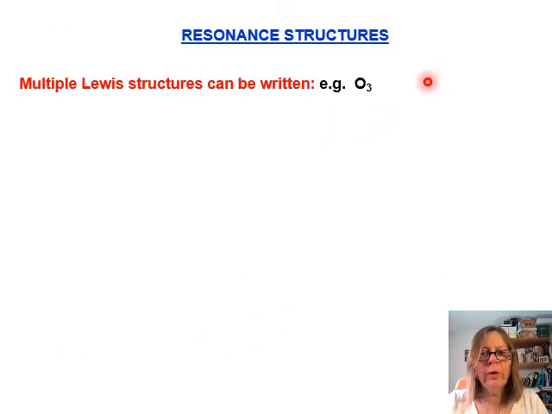Earlier on, we already started to talk about resonance structures. These represent the ability for electrons to move within a molecule. It is demonstrated by the possibility to write multiple Lewis diagrams. So let us look at ozone as an example, O3.